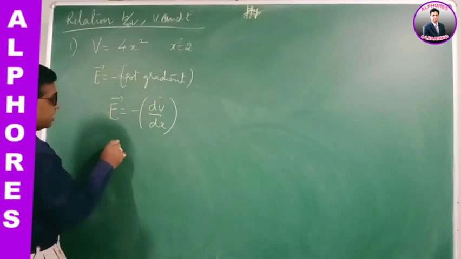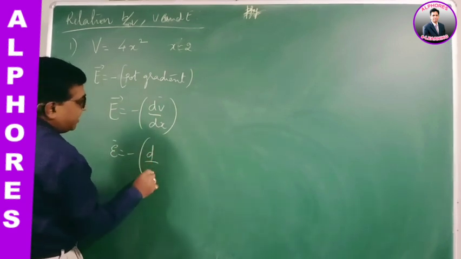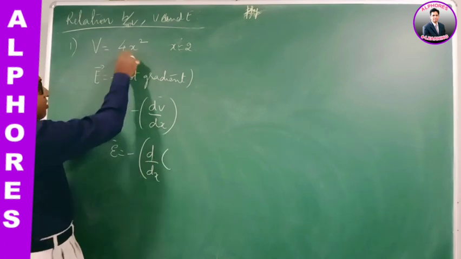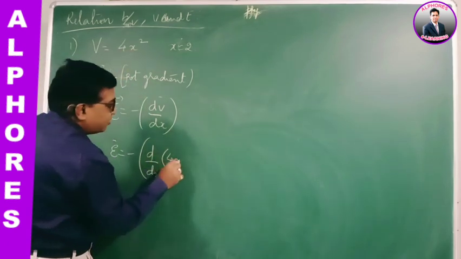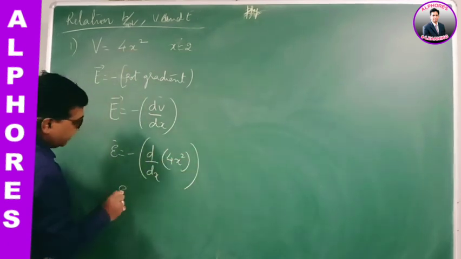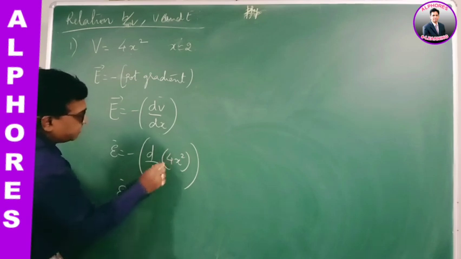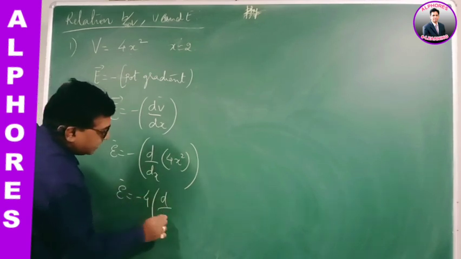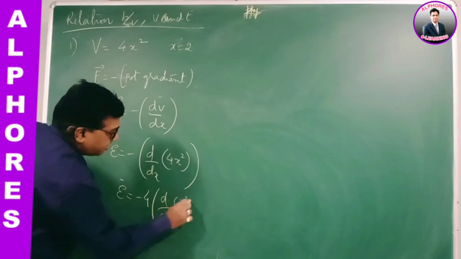So E is equal to minus d by dx of 4x square.